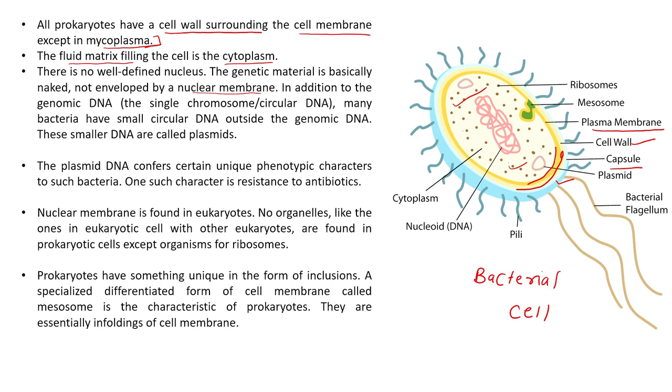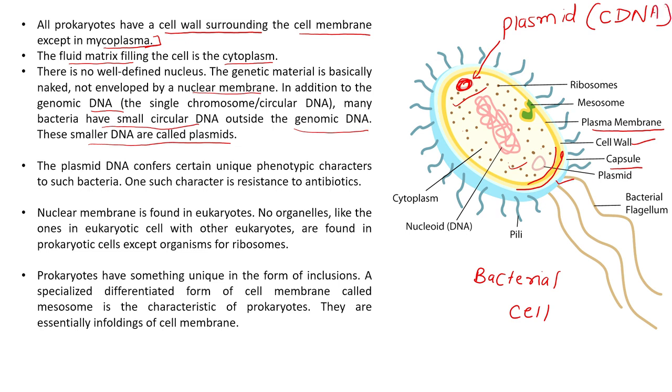In addition to genomic DNA, many bacteria have small circular DNA outside the genomic DNA. These small DNA are called plasmids. So other than genomic DNA, there is some circular DNA present which is called plasmid.